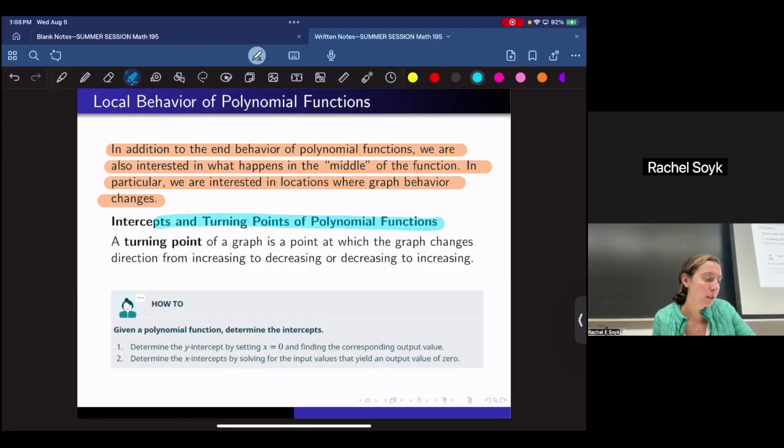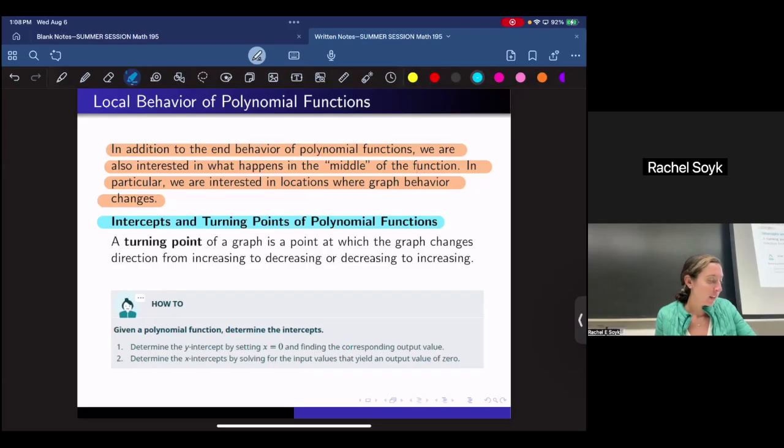And then it's also important to understand our intercepts, especially our x-intercepts, because that's where your graph is going from negative to positive in the y direction, or vice versa, positive to negative.